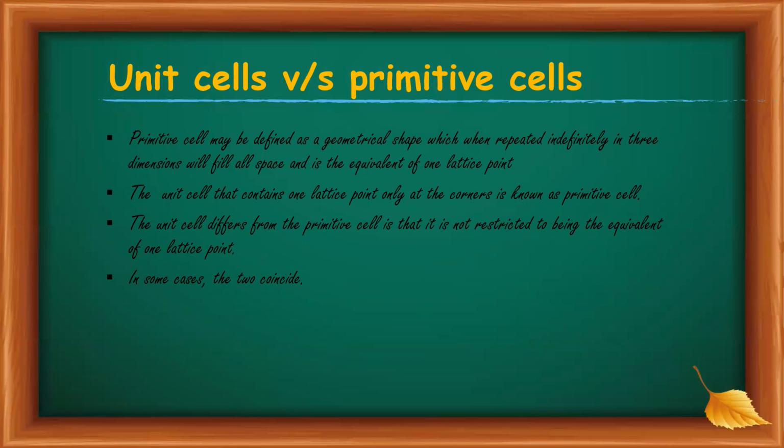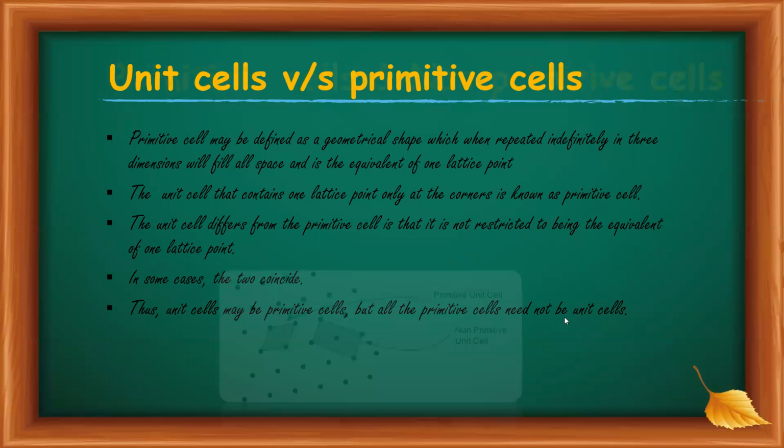In some cases, the two coincide. A unit cell may be primitive, but all primitive cells need not be unit cells.